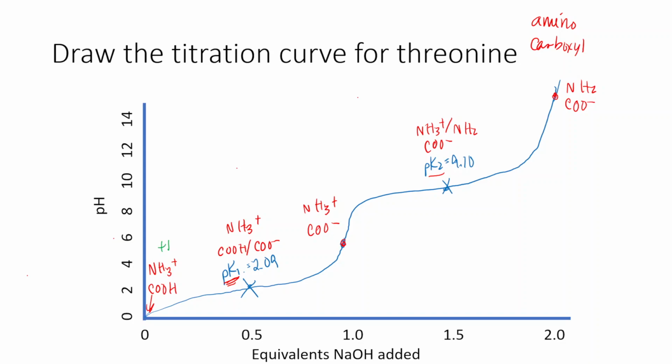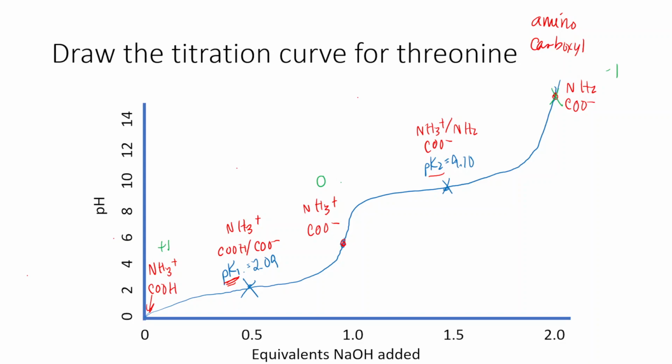At our first equivalence point, we have one of each, right? We have one positive charge, one negative charge. So our overall charge is 0. We're neutral here. At our last equivalence point, at number 2, we have one negative charge and one neutral charge. So we're at -1.